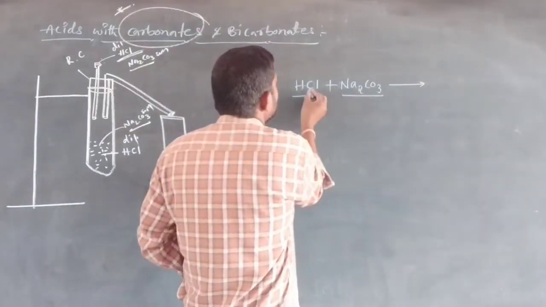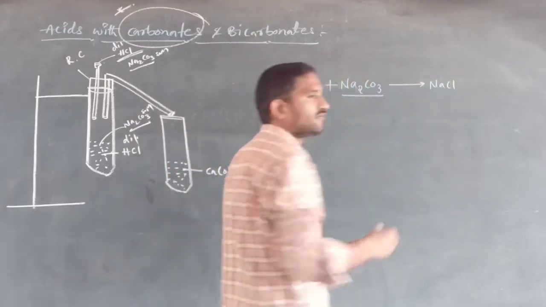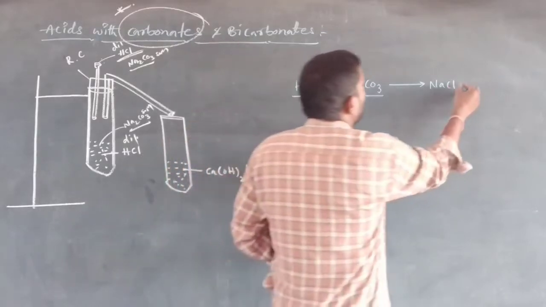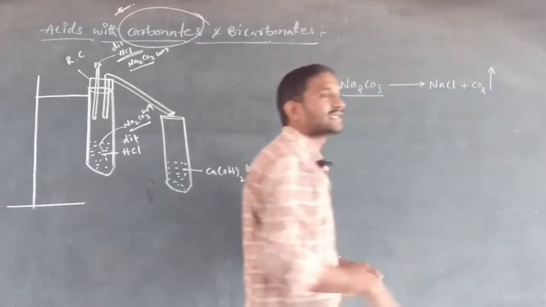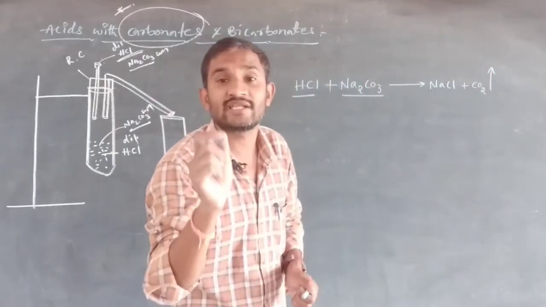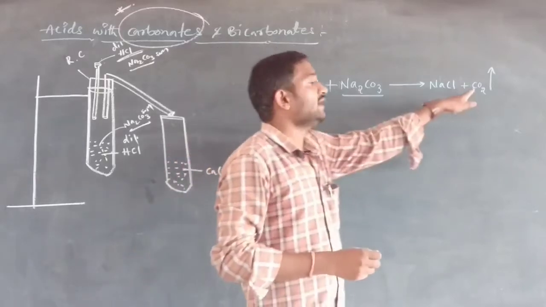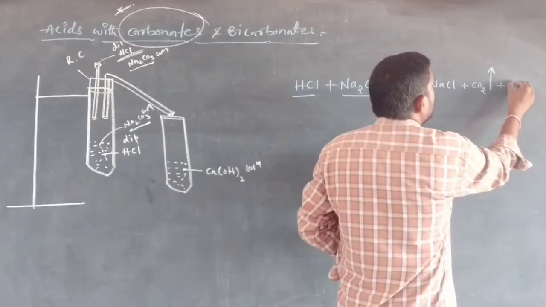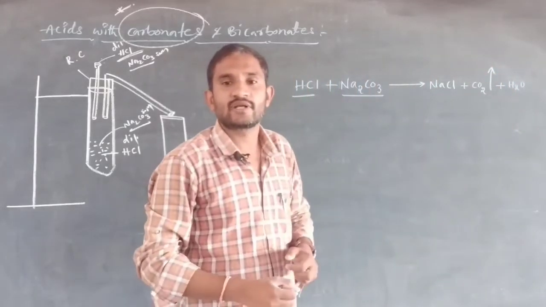Here sodium is there, here chlorine is there, so sodium chloride will be formed, and along with this carbon dioxide gas is released. Which gas is released when acids react with carbonates? Carbon dioxide gas is released, and some amount of water is also released.